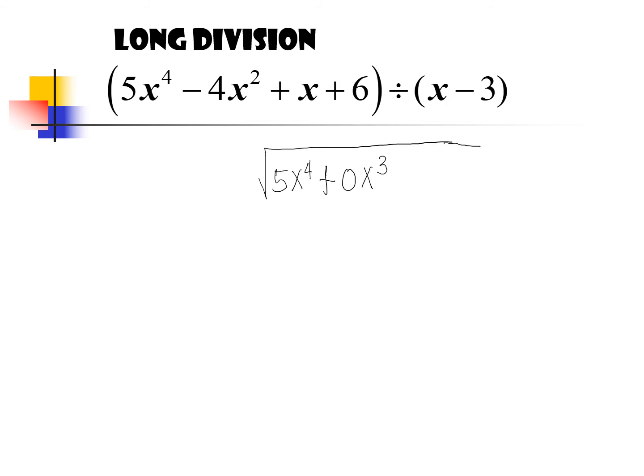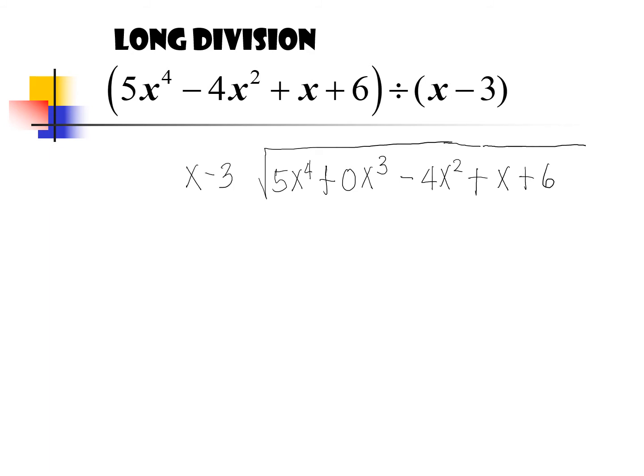And then we continue with negative 4x squared, plus x plus 6. Okay, and we put the divisor x minus 3 here on the left side. There you go.